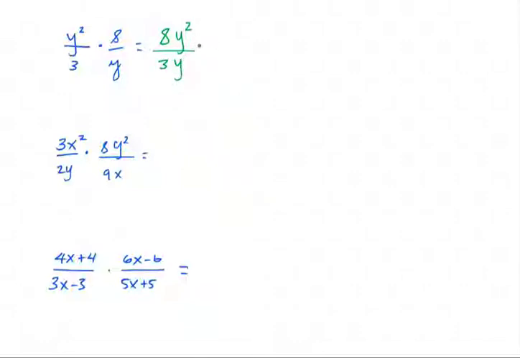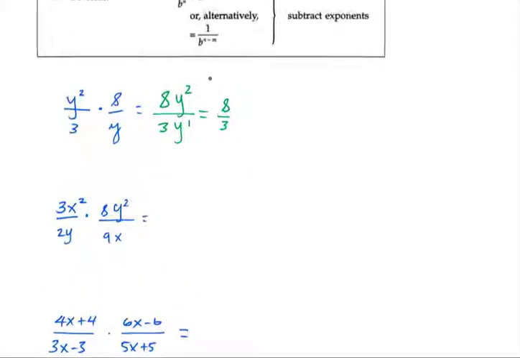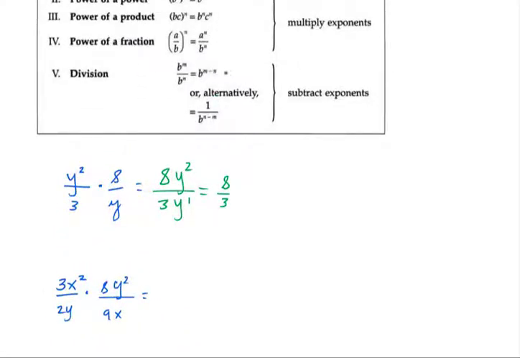Now here we have the coefficients divided, so we're going to put it this way, 8 over 3. And this is y to the power of 2 over y to the power of 1. So we can simplify that by using the division law. b to the m over b to the n is b to the m minus n, the exponent of the numerator minus the exponent of the denominator.